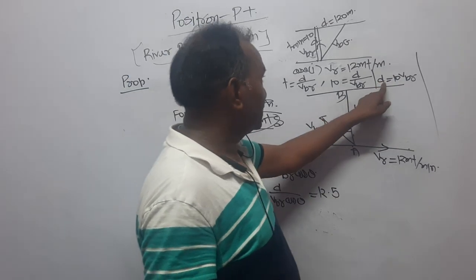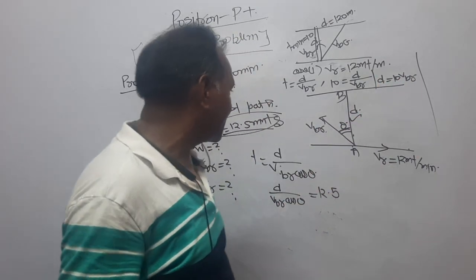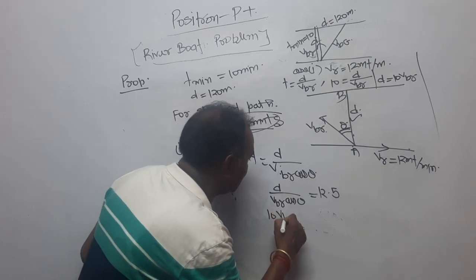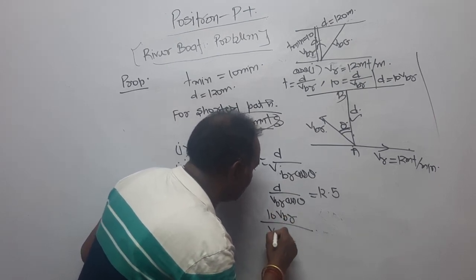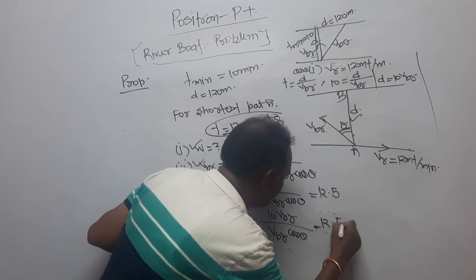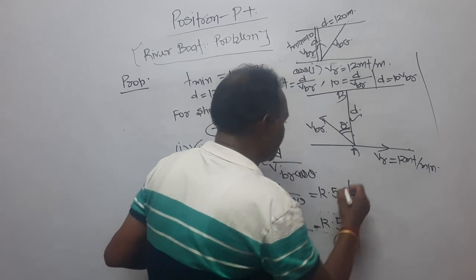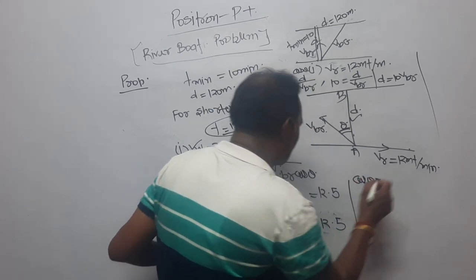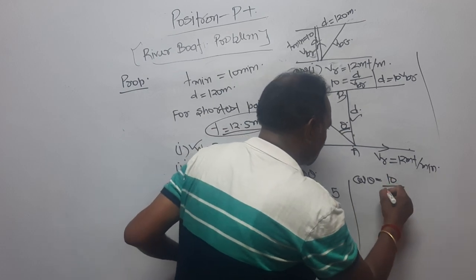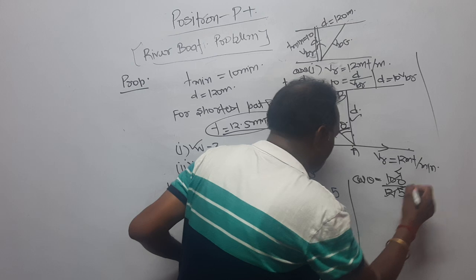How? D is equal to 10 VBR upon VBR cos theta, that is equal to 12.5. This will be cancelled. Bringing cos theta here, cos theta is equal to 10 upon 12.5, so it is 4 by 5.